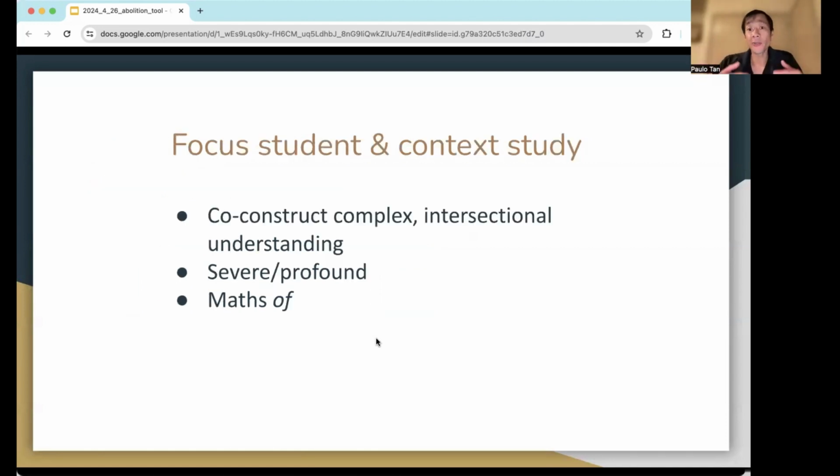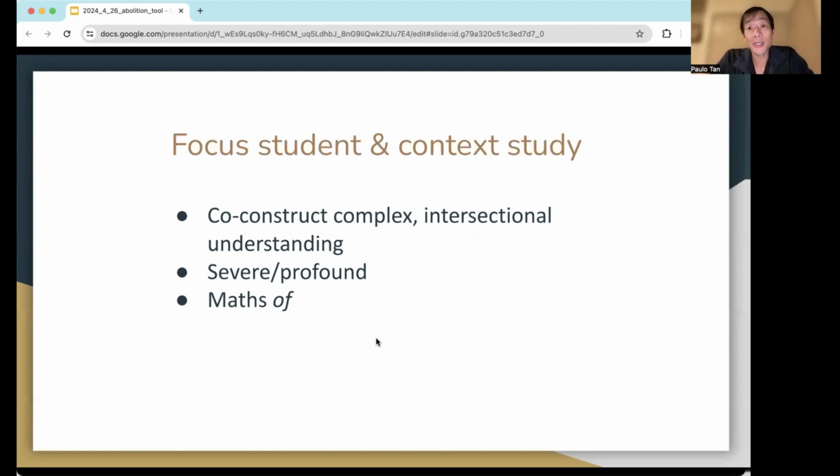So the first component is the focus student and their context. What I ask prospective teachers to do is, one, work in small groups, because the complexity of this work requires a lot of collaboration, a lot of sense making, a lot of having others to talk out some of these ideas and to share, which I think is a helpful way to approach this unit plan.